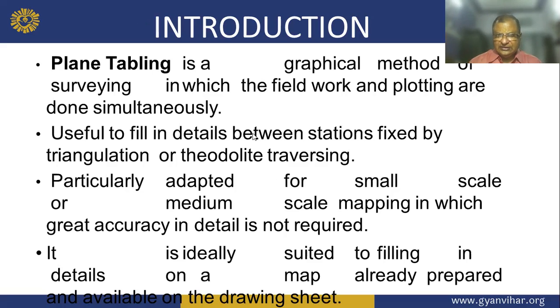It is useful to fill in detail between stations fixed by triangulation or theodolite traversing, and is particularly adapted for small or medium scale mapping in which great accuracy in detail is not required. It is ideally suited to filling in detail on a map already prepared and available on the drawing sheet.